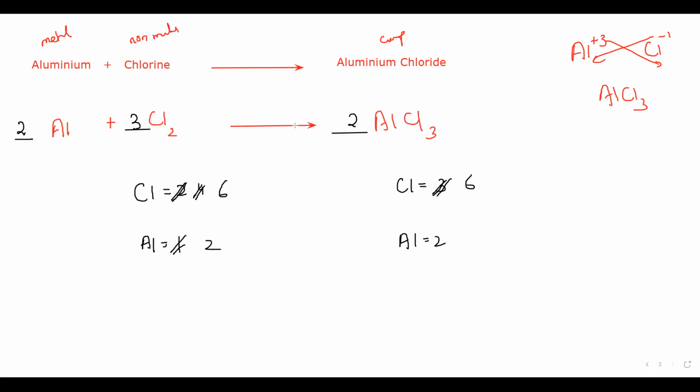So when an element reacts with another element, it will form a compound. Now the second type of equation. The first one is element with element. Now if the element reacts with a compound, what will be the result?